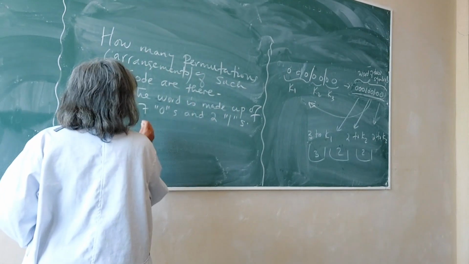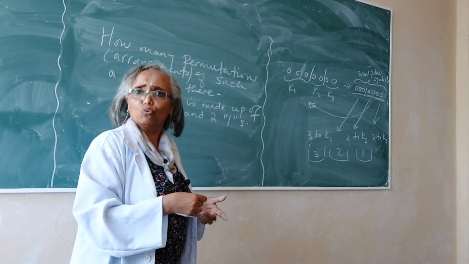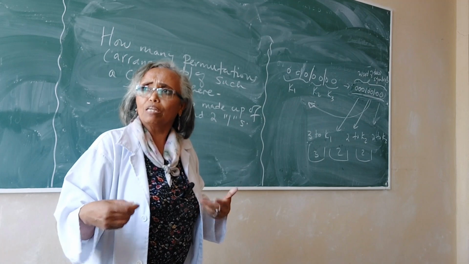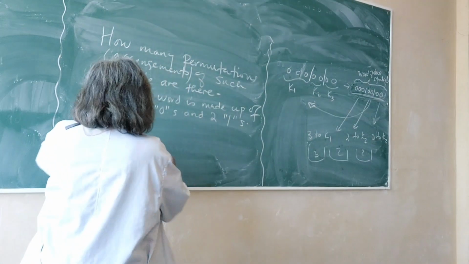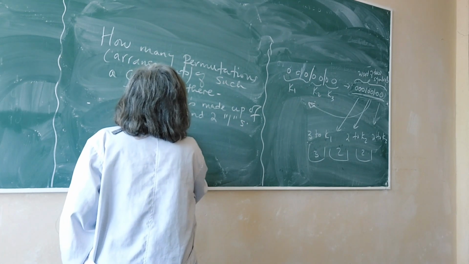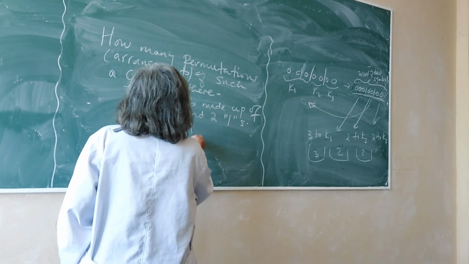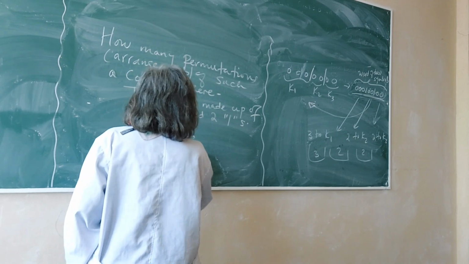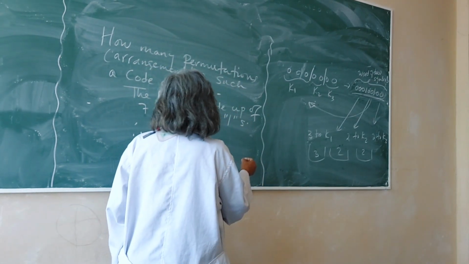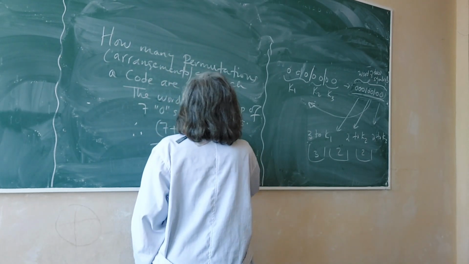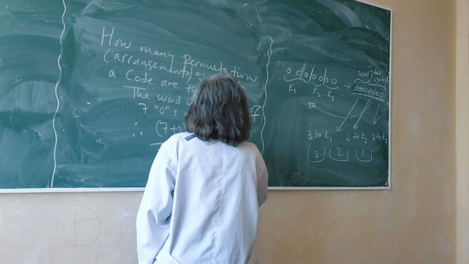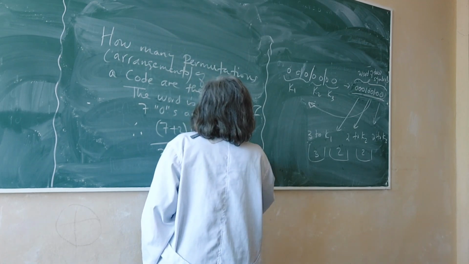Therefore, by the permutation rule, permutation with symbols that repeat, that will be 7 plus 2 factorial divided by 7 factorial times 2 factorial, which is 9 factorial over 7 factorial 2 factorial, which is actually 36.